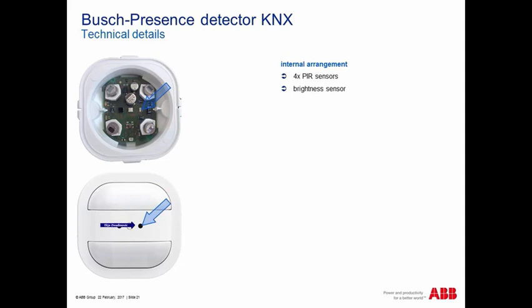This is very important in comparison to our previous one. So this gives you a very accurate value of the brightness. Then we have an IR receiver here, and we have the programming button. You can press here to bring it into programming mode.